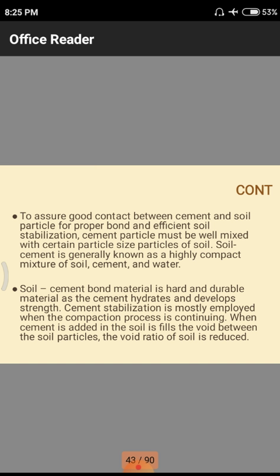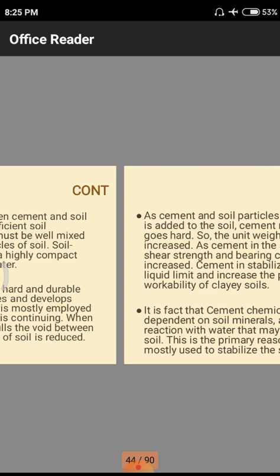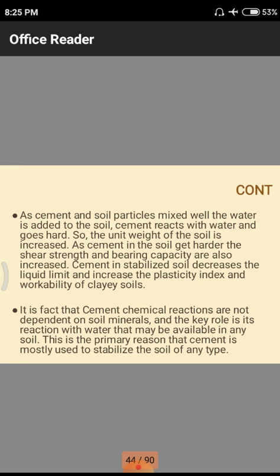When the cement is added to the soil, it fills voids between the particles, and then the void ratio also reduces. That means the number of pores is also removed. As cement and soil particles are mixed well with water and added to the soil, cement reacts with water and it goes hard.